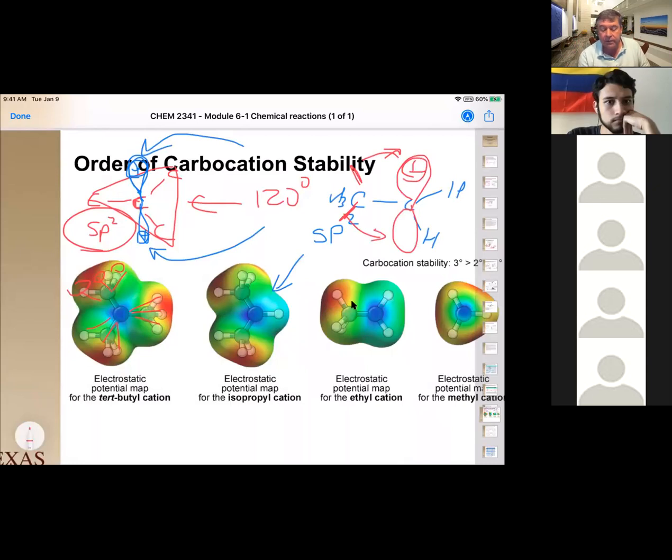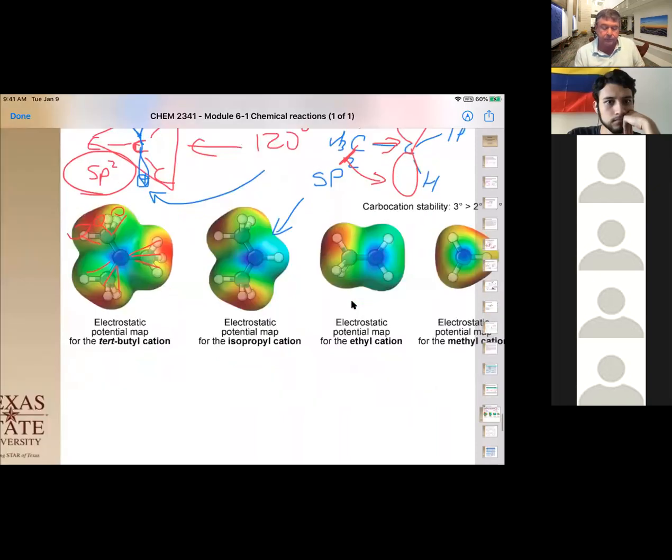Remember, that inductive effect is directly through the sigma bond. Hyperconjugation is from those hydrogens that can help stabilize that empty p orbital.